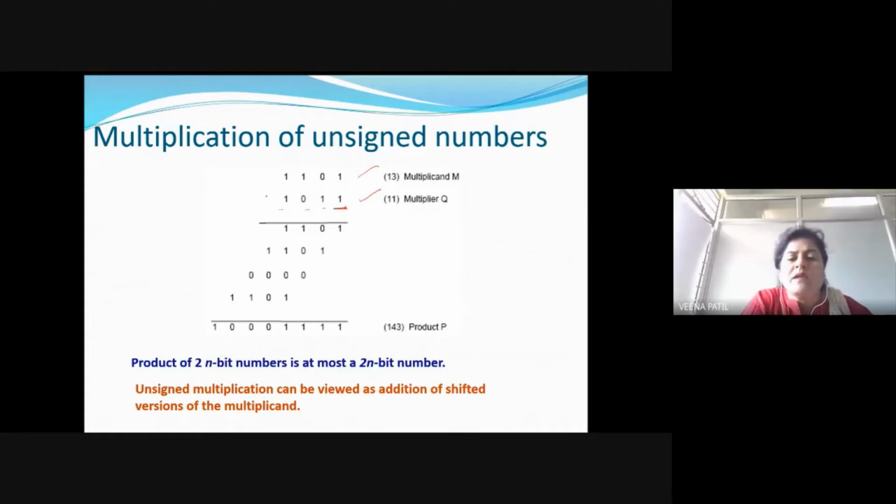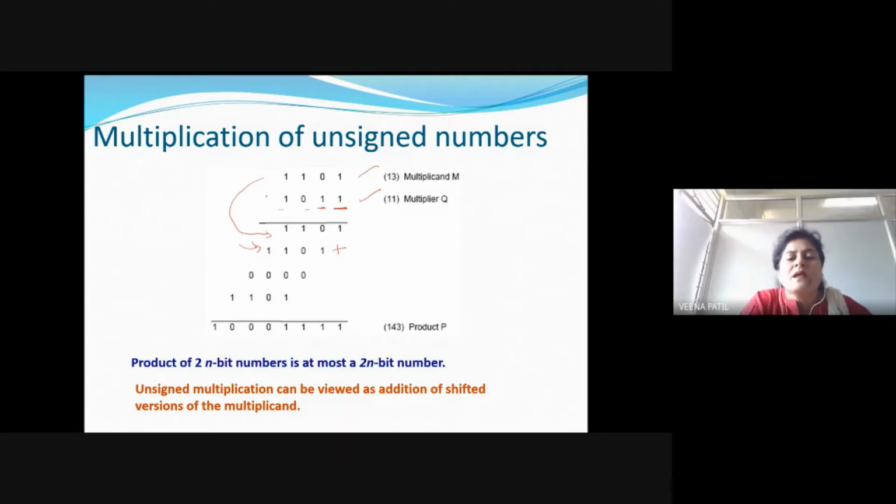When I multiply the multiplier bit with the multiplicand, since it is 1, I am going to get 1101. Now I will shift by 1 bit, take the second bit from the multiplier, and multiply. Again I get 1101.